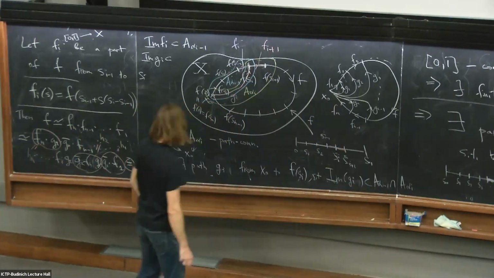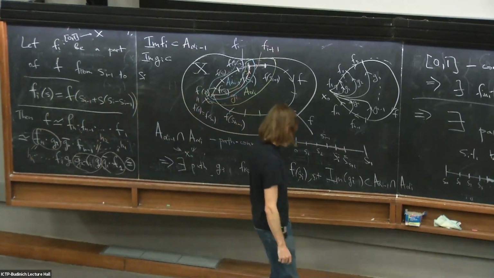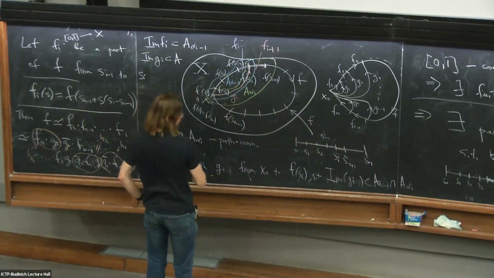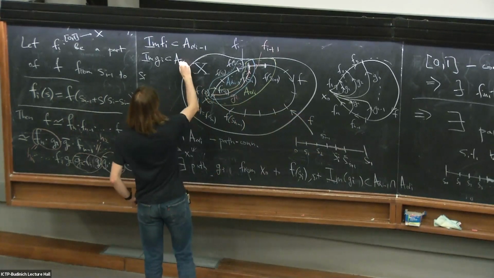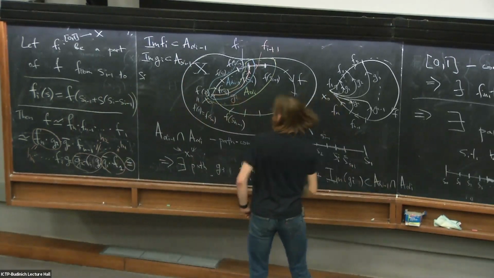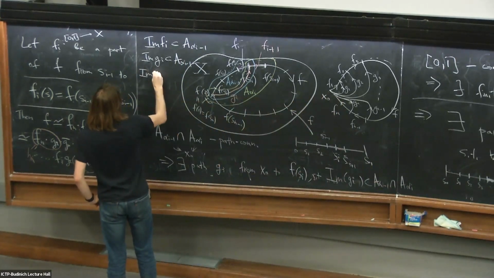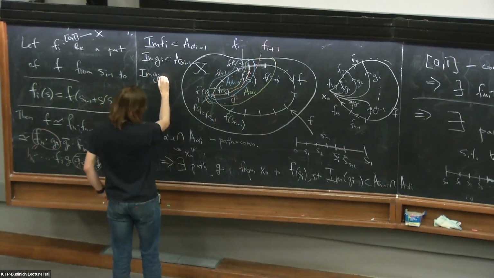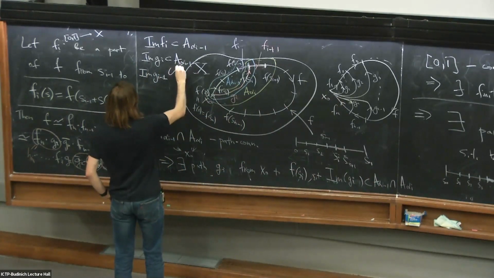This is just a redefinition of this G. And then this belongs to A. This also belongs to alpha i minus 1 because it belongs to this intersection. And we also know that the image of G i minus 1 also belongs to the same thing, right?